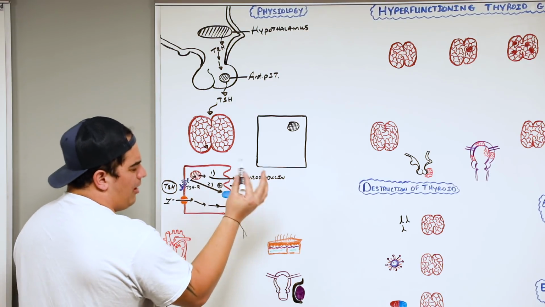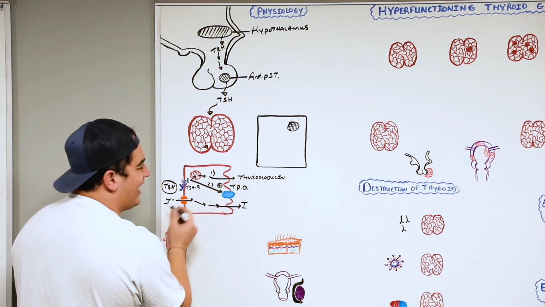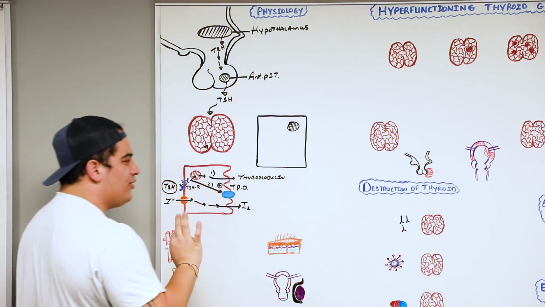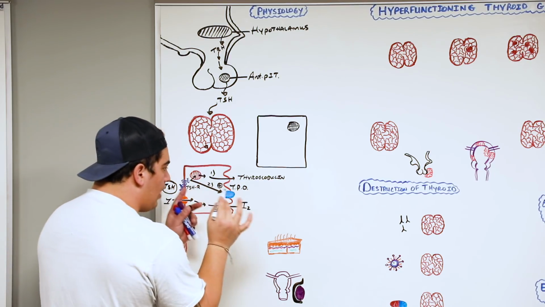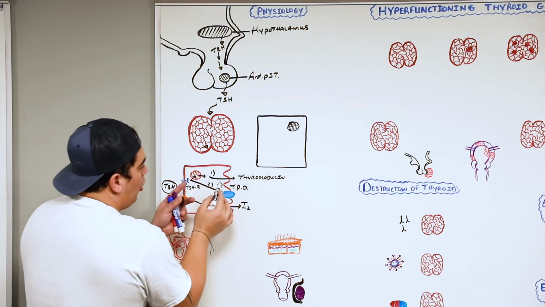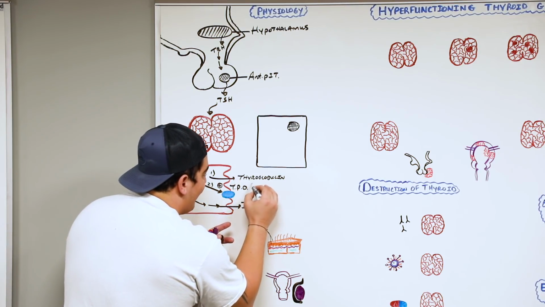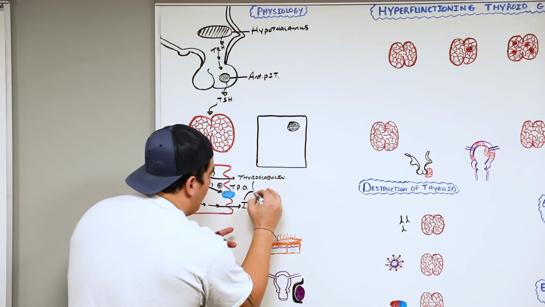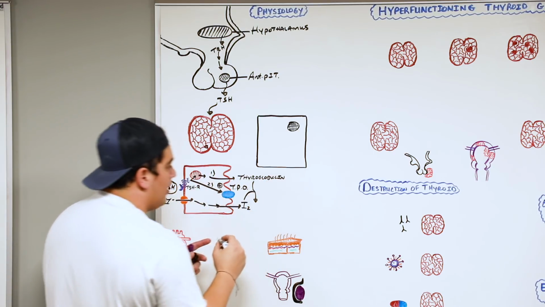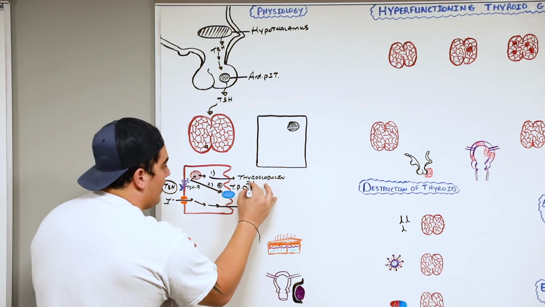TPO does a couple of things. One of the things it does is convert iodide into iodine. Don't worry too much about that. But here's what I do want you to know: once TPO is activated, it takes iodine and thyroglobulin and combines them together. TPO stimulates this step.